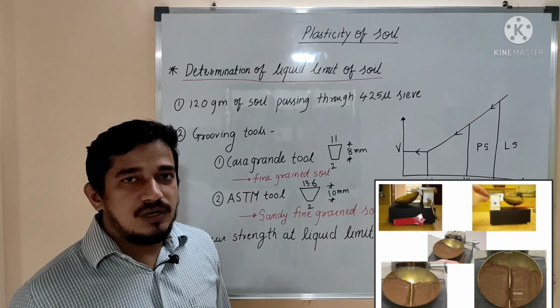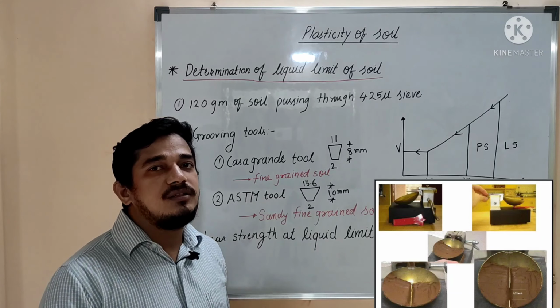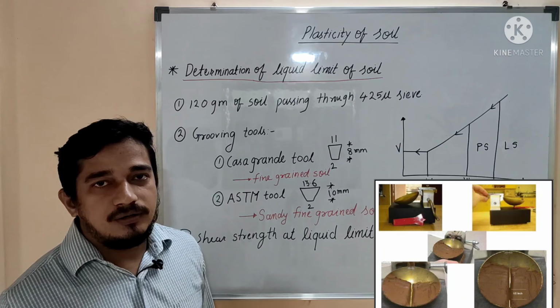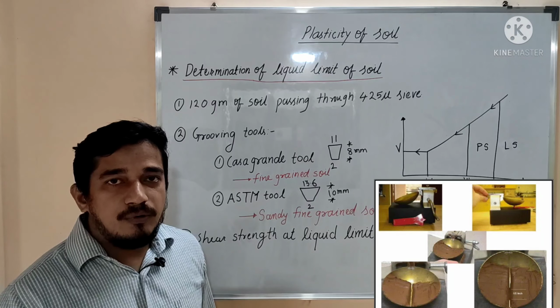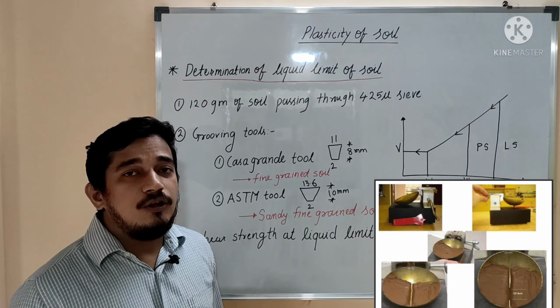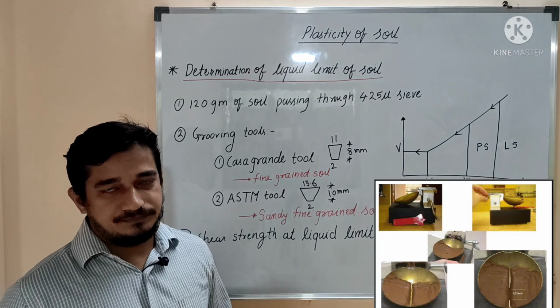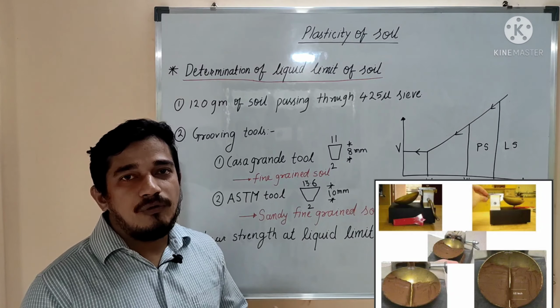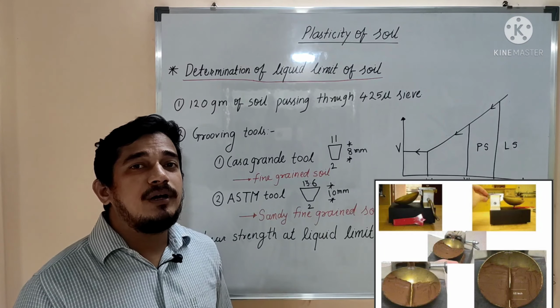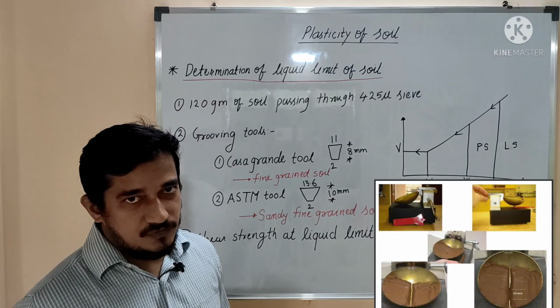If this number of blows is the same as the previous number of blows, then it will be recorded. But if it is not so, then we will repeat the procedure till we get the same number of blows as in the previous reading. Once these two values match, it will be recorded as one reading.